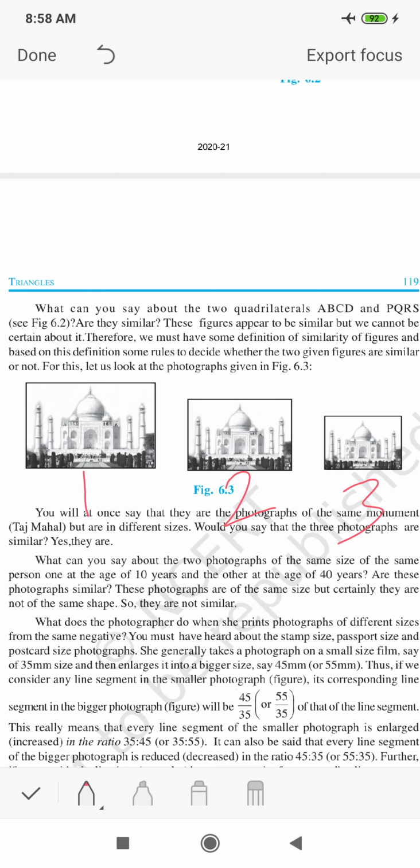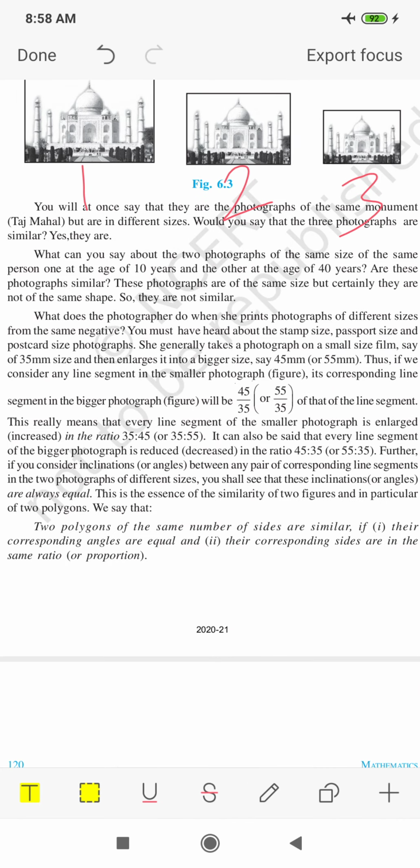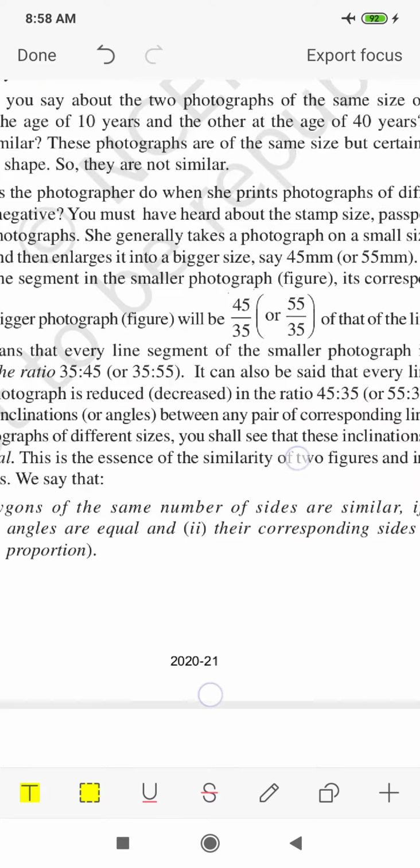Why are they similar? Because their shape is the same, size is different. And why are they not congruent? Congruency requires shape and size both to be the same. Their shape is the same, but size is different. So these three figures are similar, but they are not congruent. Keep that in mind.